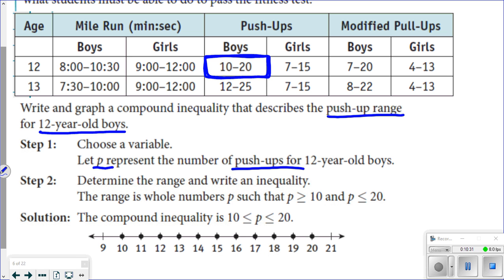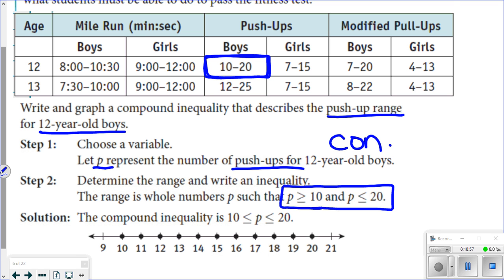Our push-ups can be greater than or equal to 10, and they also have to be less than or equal to 20. Because this is a range of values and we're using the word and, I know that I'm going to shade in the middle to connect. So this is a conjunction. Connect, conjunction.